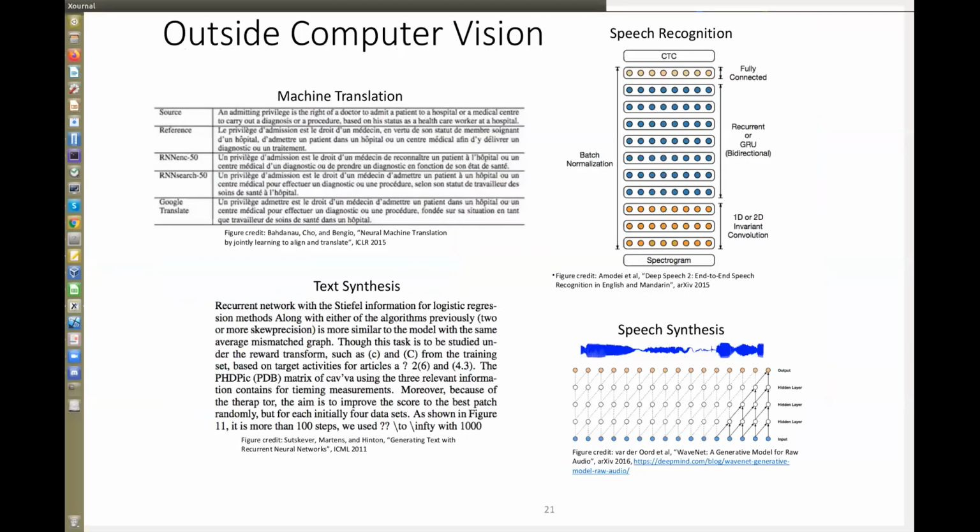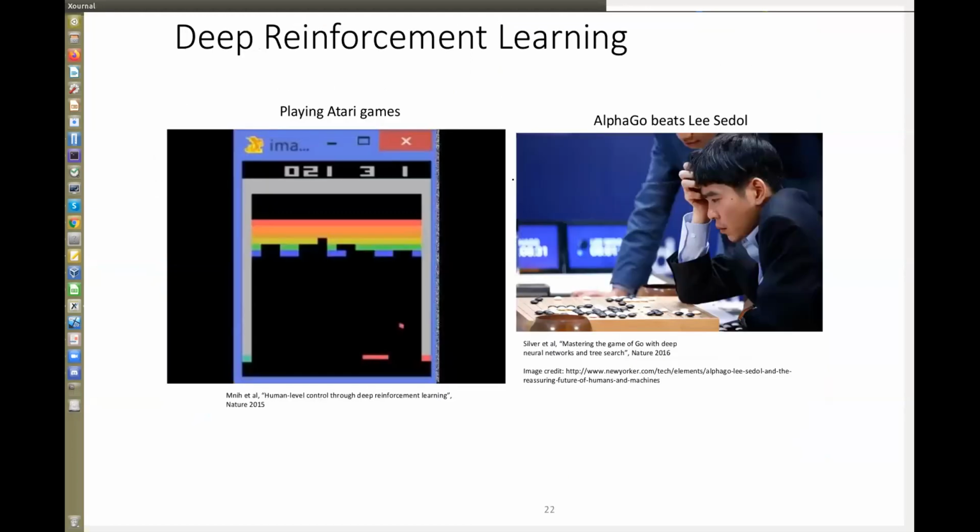There are also lots of applications outside of computer vision, for example in natural language processing. It has definitely become the state of the art for NLP, and I won't go into that. It's also used for gaming. I guess many of you have heard of AlphaGo, the model that beat the world champions. Now humans cannot compete with machines on Go anymore.